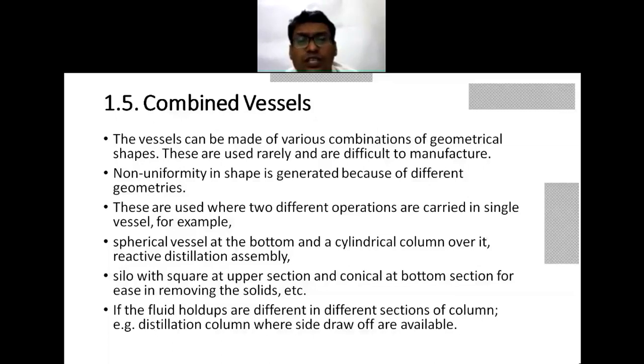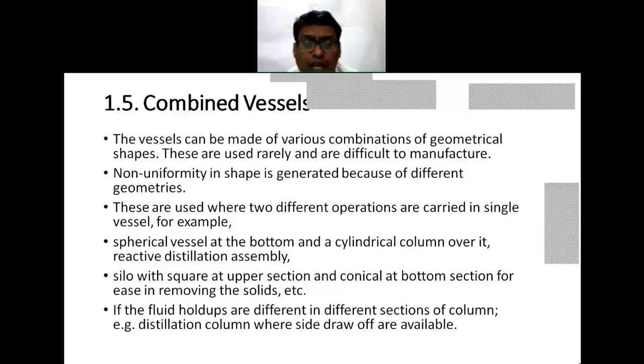The silos with the square upper section and conical bottom section are for ease of removing the solids. If the fluid holdups are different in different sections of the column, that is another reason, and velocity adjustment is also one of the reasons.